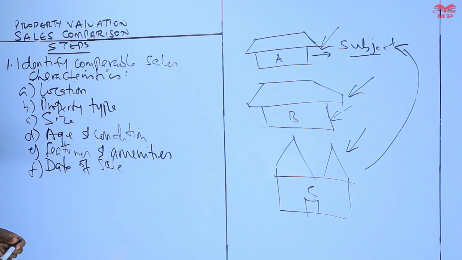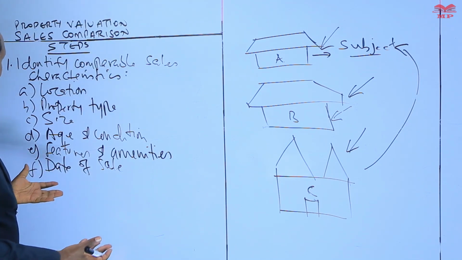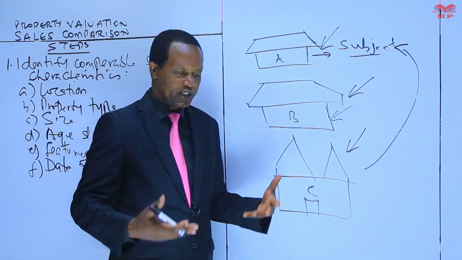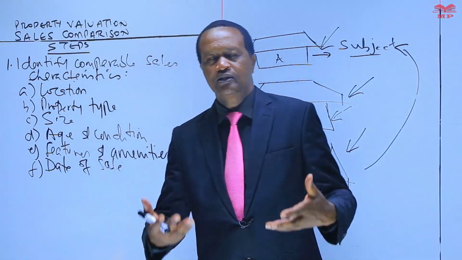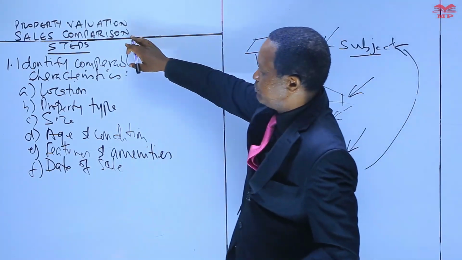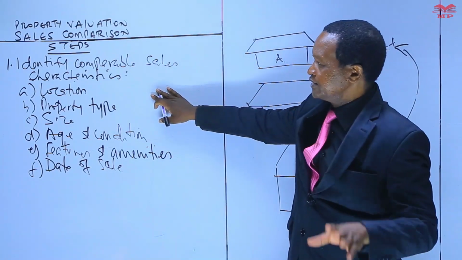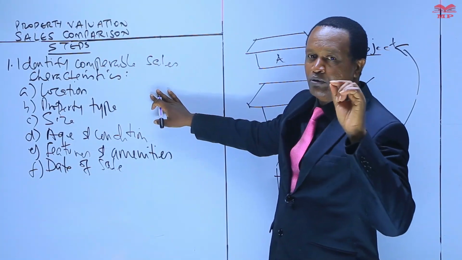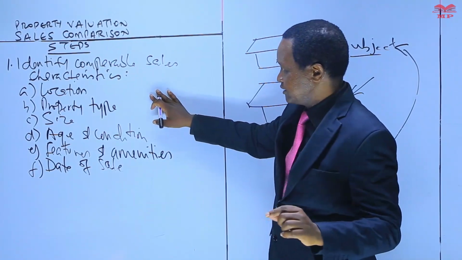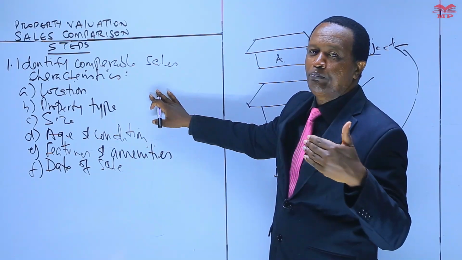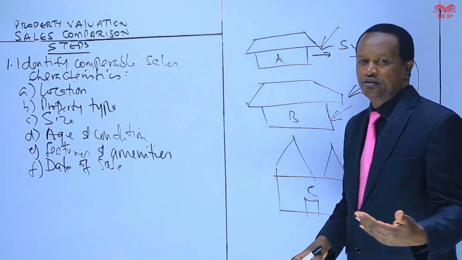You understand, candidates? We are going through the steps to follow when valuing property using the sales comparison approach. And step number 1, we have said, is to identify comparable properties or comparable sales. And we've defined these comparables, candidates.